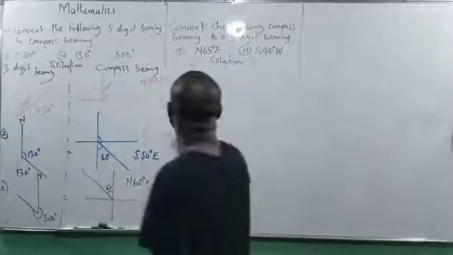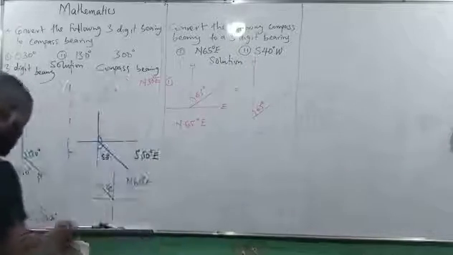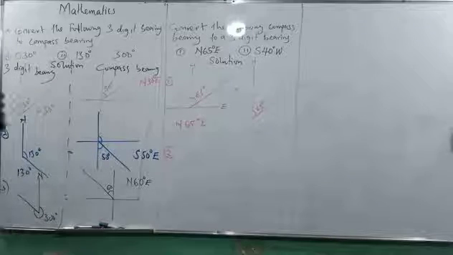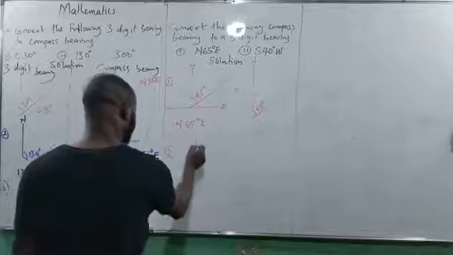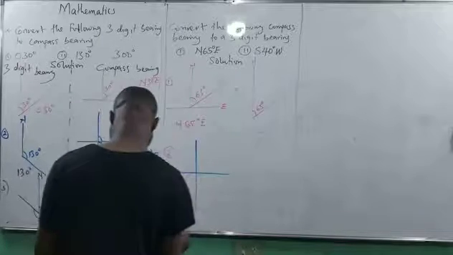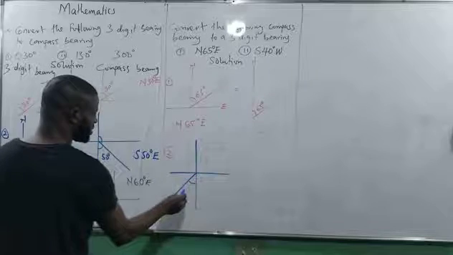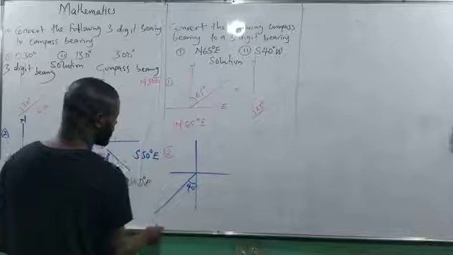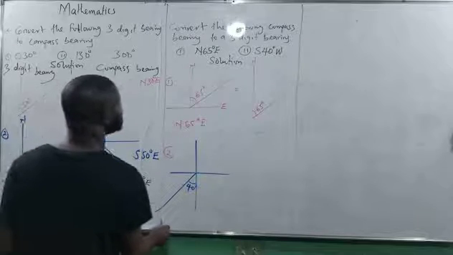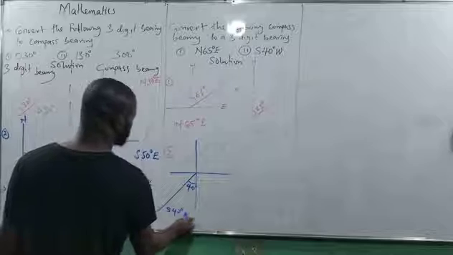Now, if it's the other one, number 2, permit me to use a blue marker. Now, if I have a 40 south or west, I will be having 40. Here will be 40 degree. It means I'm saying that south 40 degree west.